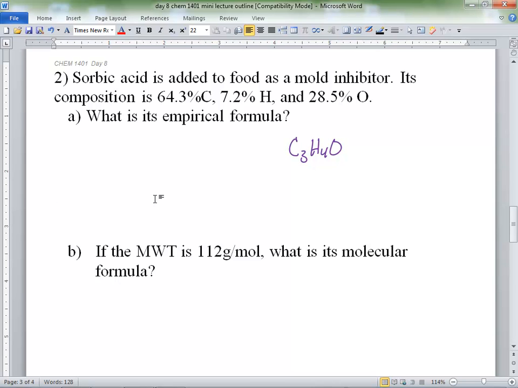You have to add 3 carbons, 4 hydrogens, and an oxygen to get the empirical molar mass.